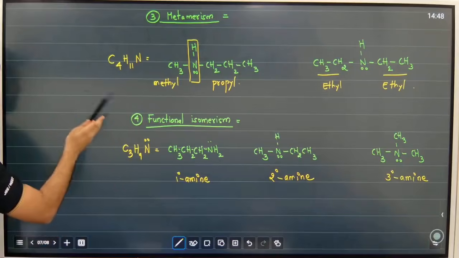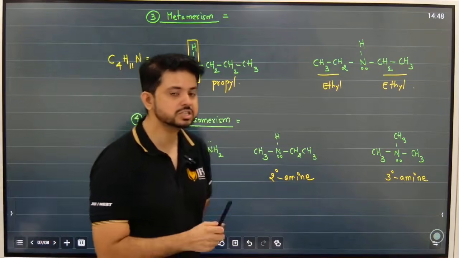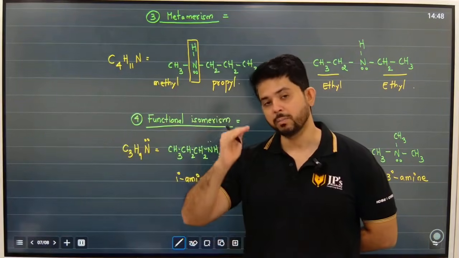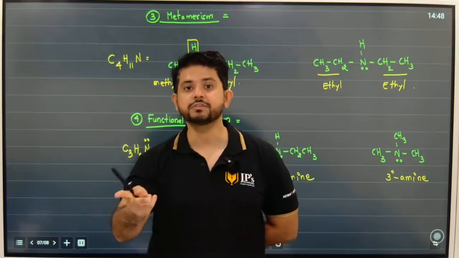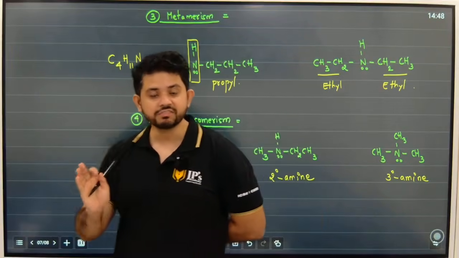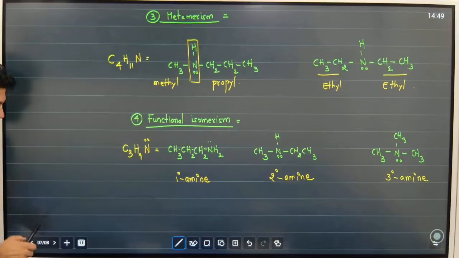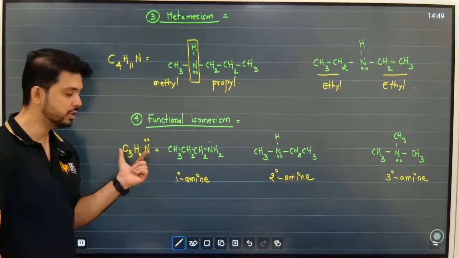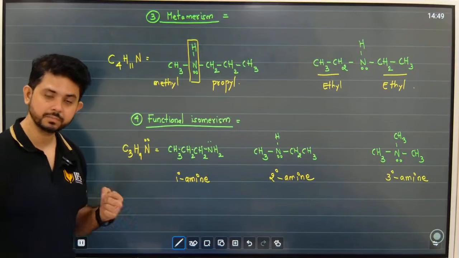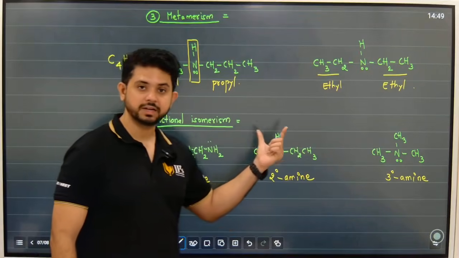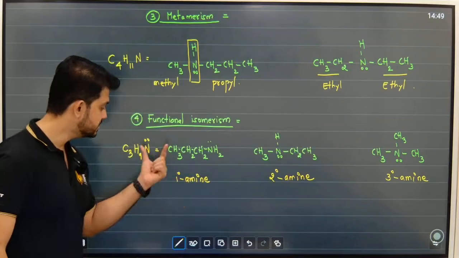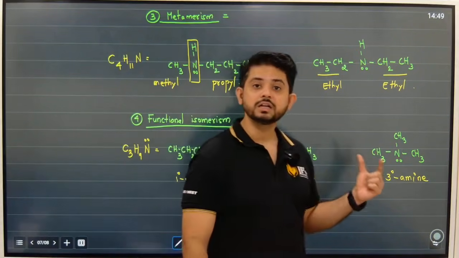And next we have functional isomerism. What are functional isomers? Functional isomers are when the molecular formula remains the same but the functional group differs. So if I consider an amine such as C3H9N, I can have the same molecular formula but a primary amine, same molecular formula but a secondary amine, same molecular formula but a tertiary amine.